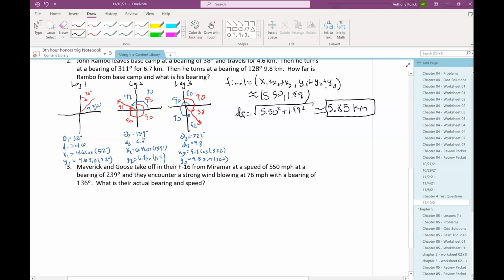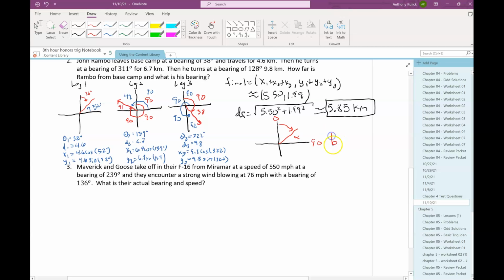Still doing good? Yeah. The last thing I need then is the bearing. So if I plot the point 5.50, 1.99, and draw a line from the origin to that point, that's going to make up my terminal side, right? So my bearing goes from north, so that angle there is like my alpha.